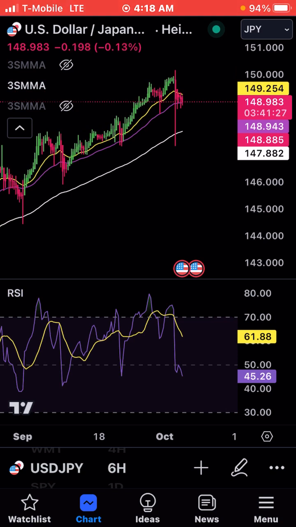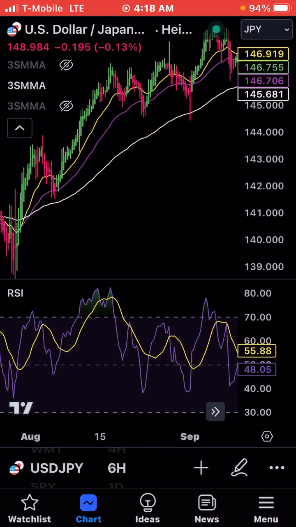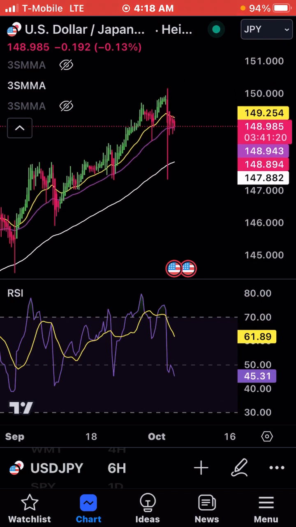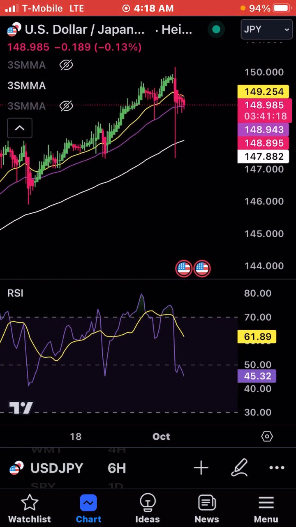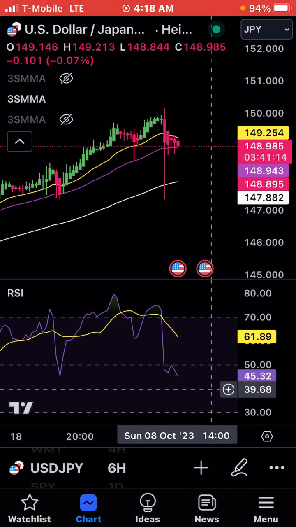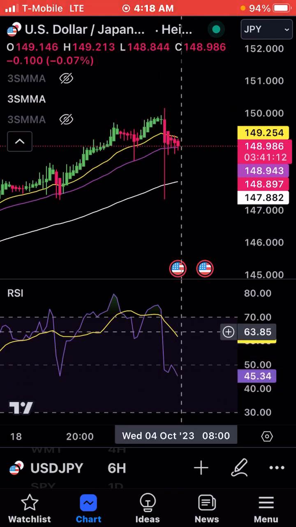Right now the signal for Japan here is up. So what you have to focus on with your RSI is the moment that the purple line is crossing the yellow line and going up. That is the only thing you've got to focus on, the only thing you've got to look for.